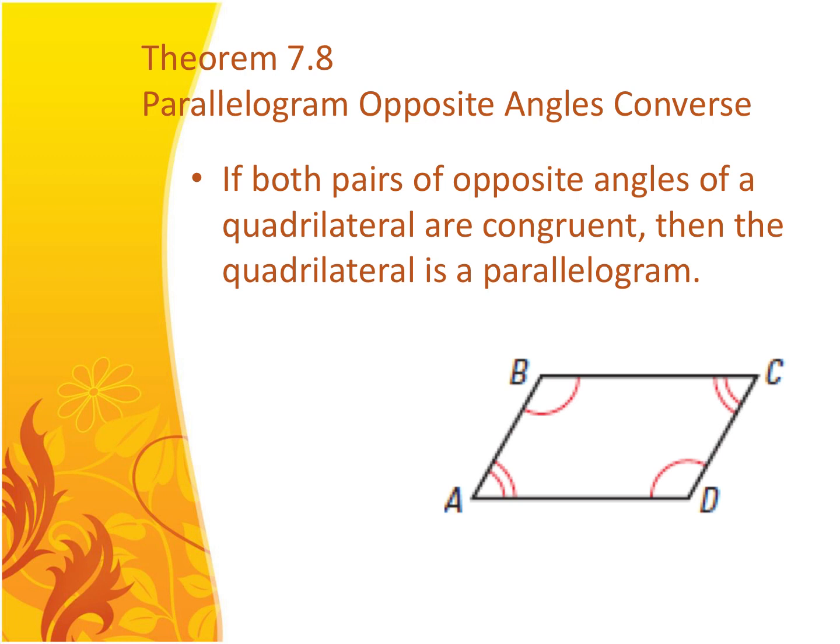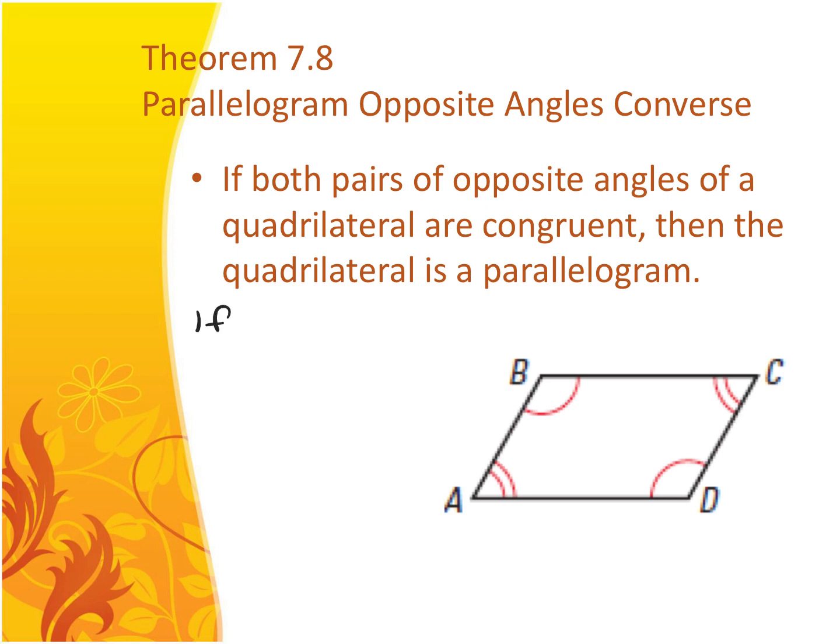The second way that we can prove that a quadrilateral is a parallelogram is by using the parallelogram opposite angles converse. So if both pairs of opposite angles of a quadrilateral are congruent, then the quadrilateral is a parallelogram. And I can make a similar statement based off of this picture.